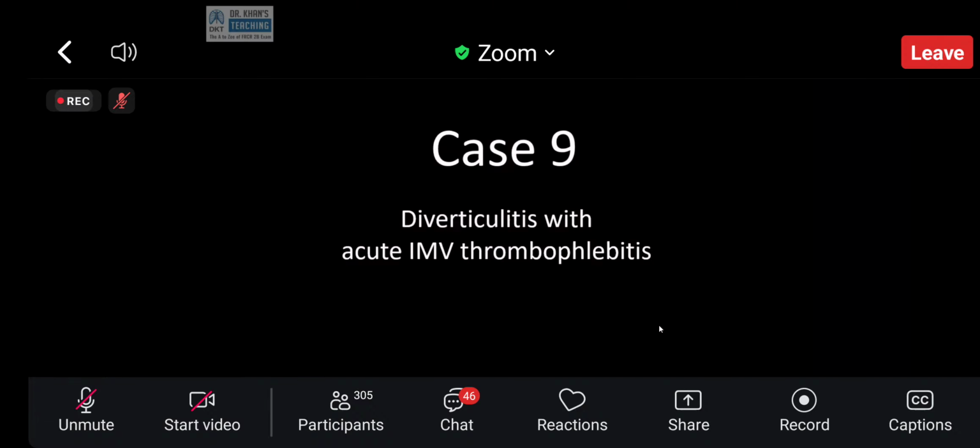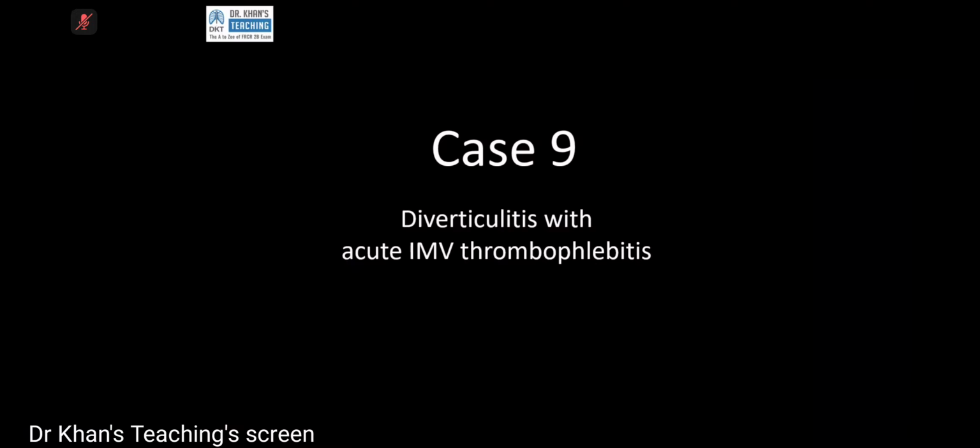So the main thing is that this case is diverticulitis, but the key finding, for which I had kept marks, was acute inferior mesenteric vein thrombosis, thrombophlebitis.